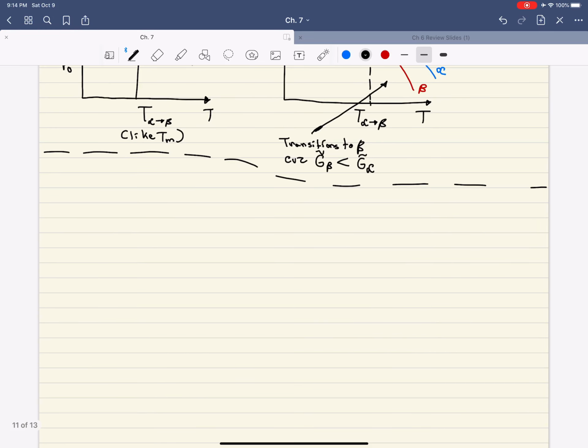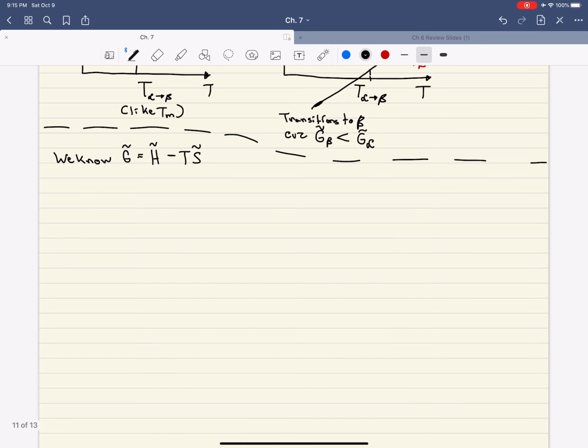Okay, so we know that the molar Gibbs energy is equal to enthalpy minus T entropy. Right, that's just the definition of the Gibbs energy. All right, and so what we want to do is think about how the enthalpy and the entropy change as a function of temperature. Okay?